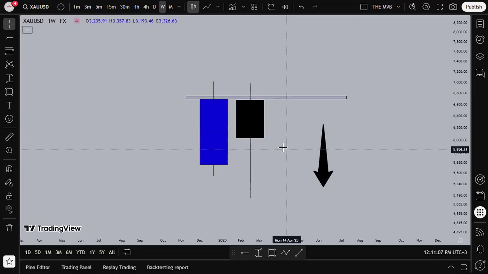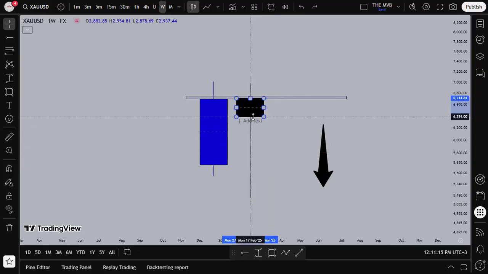So if you see that, that is a strong level. But if you see a small body below 50%, that is not a strong level.